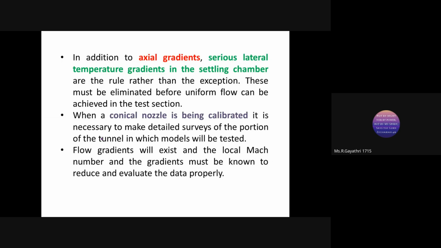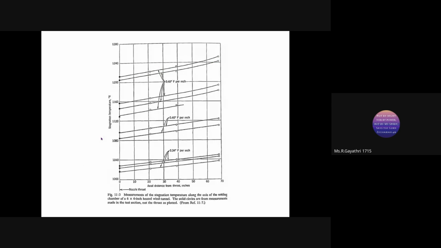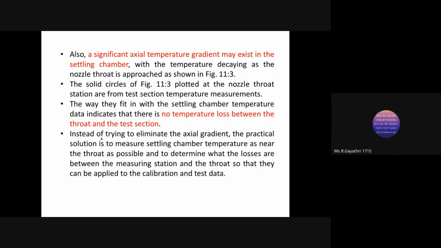So we can avoid these lateral temperature gradients along with axial gradients. In order to avoid axial gradient, we will measure settling chamber temperature as near the throat as possible. We can measure throat pressure also.